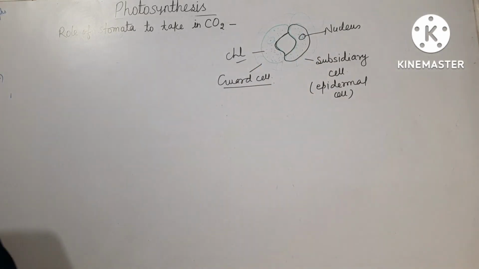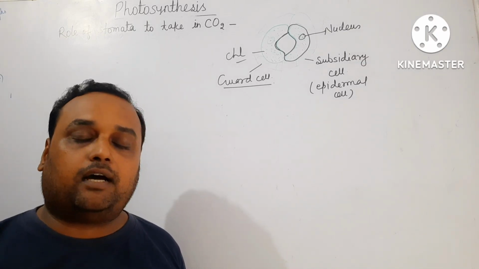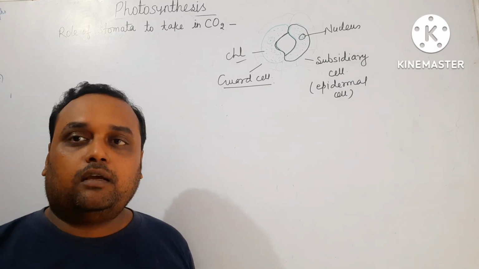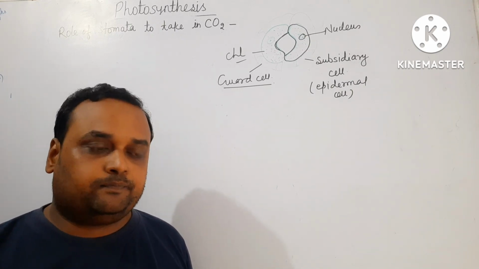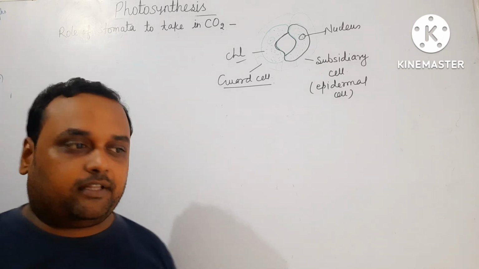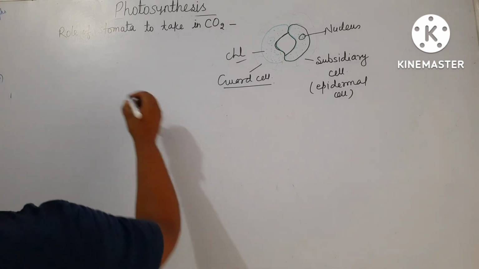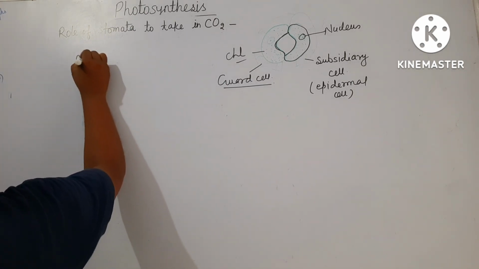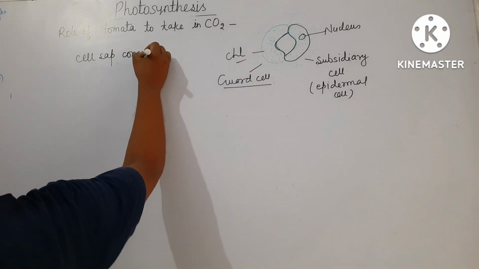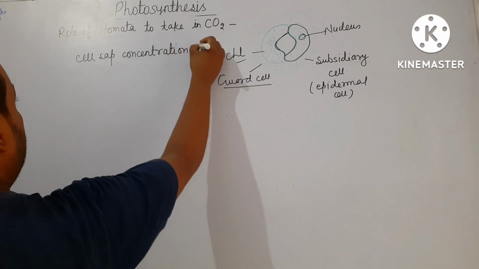Now, how do the stomata open during the daytime and close at night time? To explain how the stomata open and close, another theory is given, known as the cell sap concentration theory.